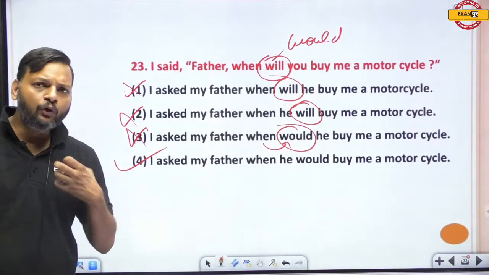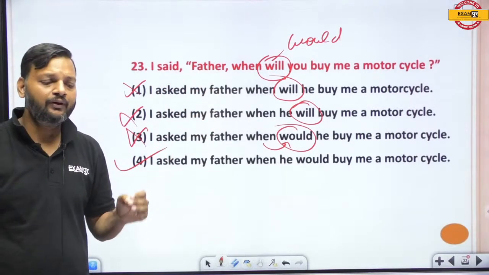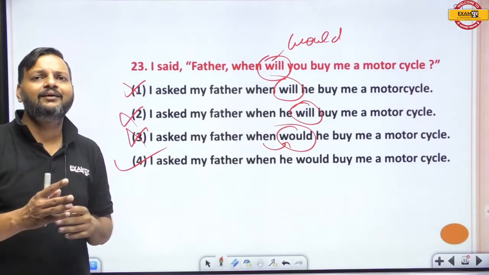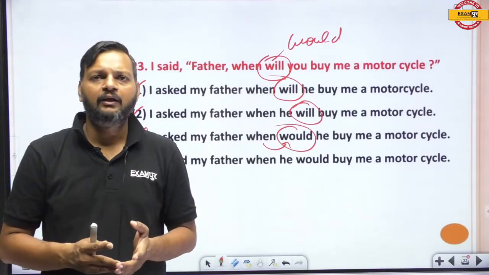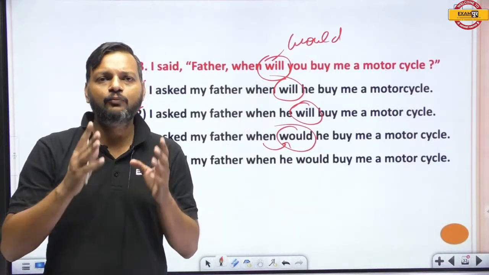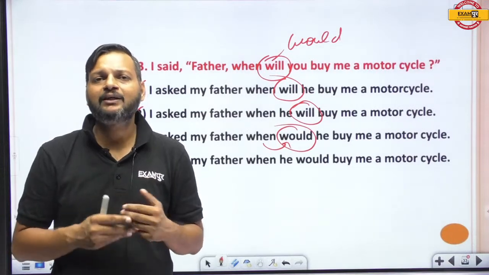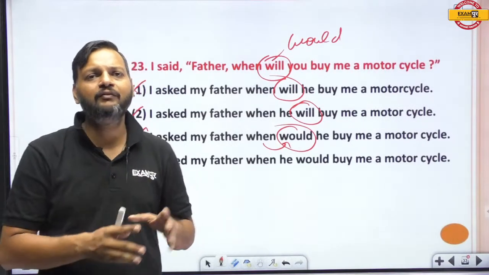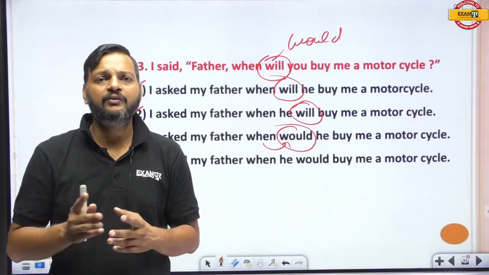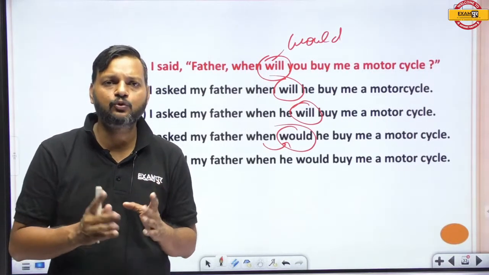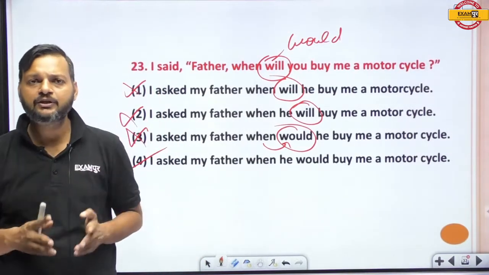So the only motive of solving all these questions is to tell you that direct indirect sentences are not difficult to solve. The only thing is that you must do it in very good speed, because if you are taking much time in solving direct indirect, you will be left behind. If we talk about SSC CGL Tier 2, there are 200 questions which you have to solve in 120 minutes.